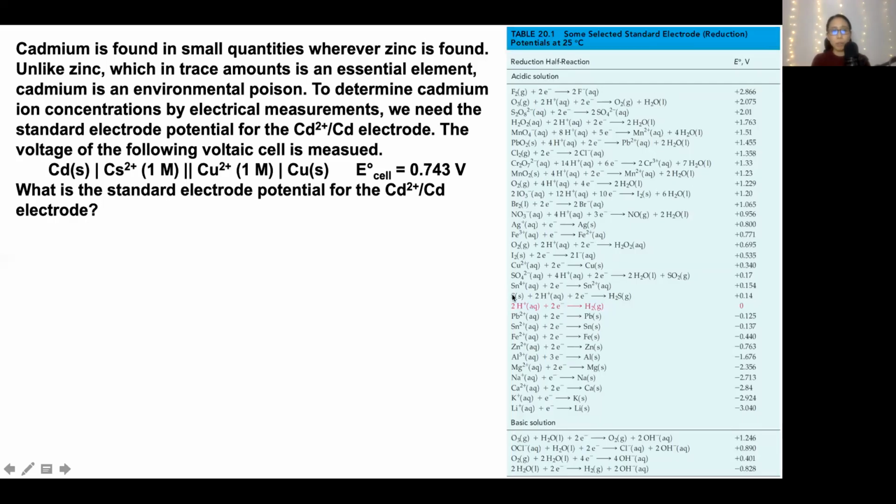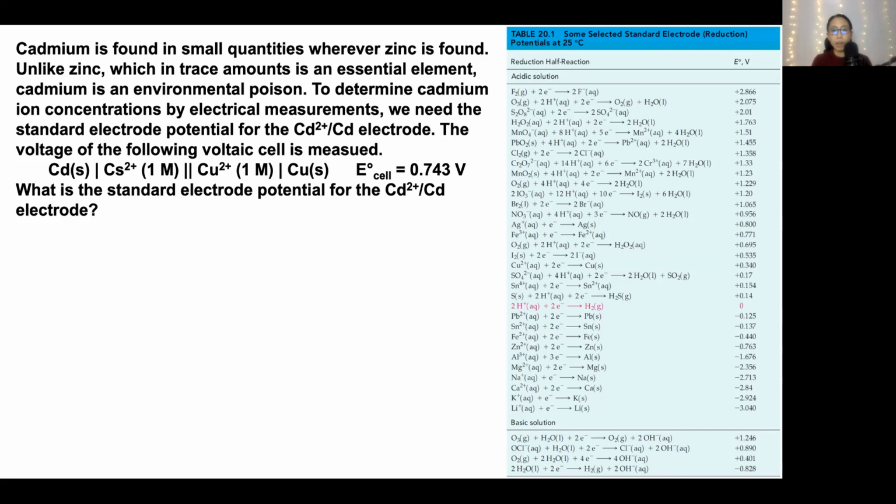Let's try another problem. So cadmium is found in small quantities wherever zinc is found. Unlike zinc, which in trace amounts is an essential element, cadmium is an environmental poison. So it's very important to trace cadmium.